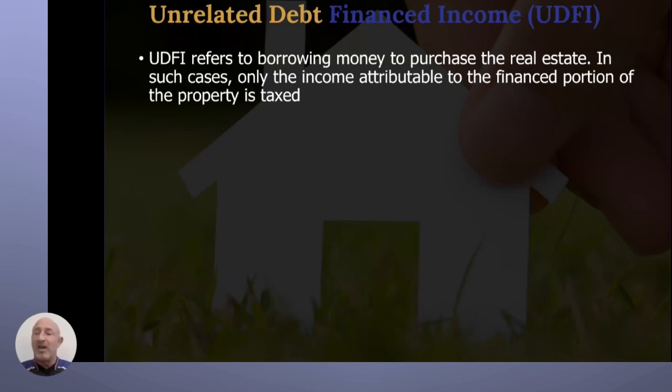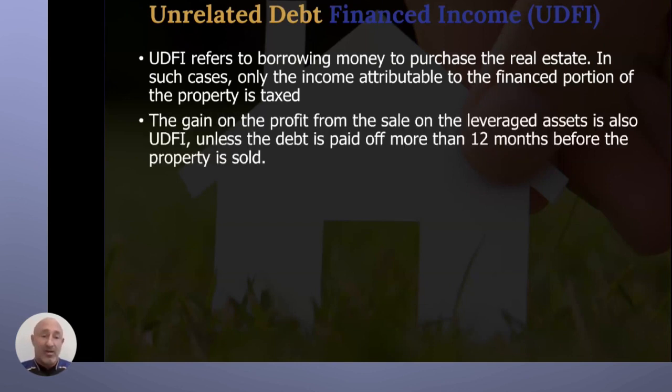The only portion that could be classified as unrelated debt financed income would be the $7 million out of the 10, not the entire $10 million deal. The gain or profit from the sale of the leveraged assets is also unrelated debt financed income, unless the debt is paid off more than 12 months before the property is sold.